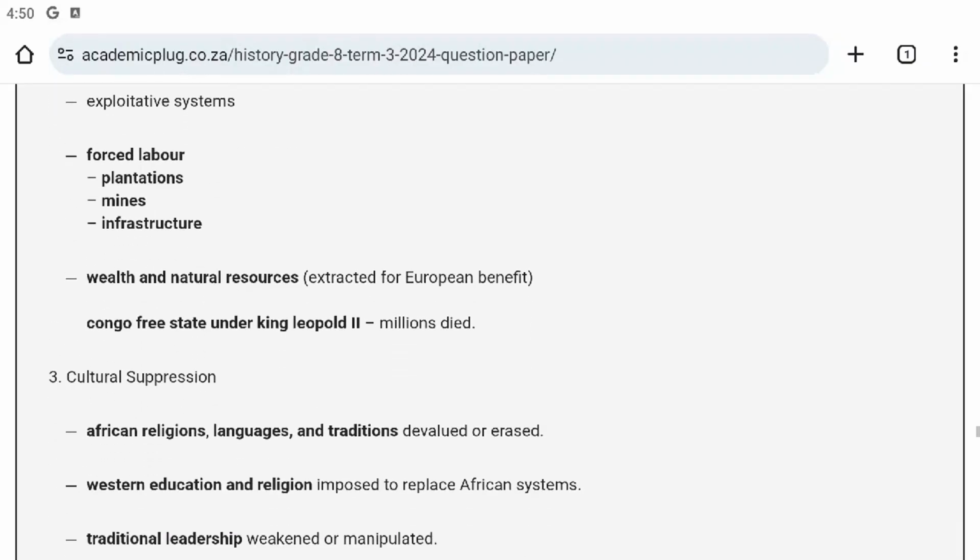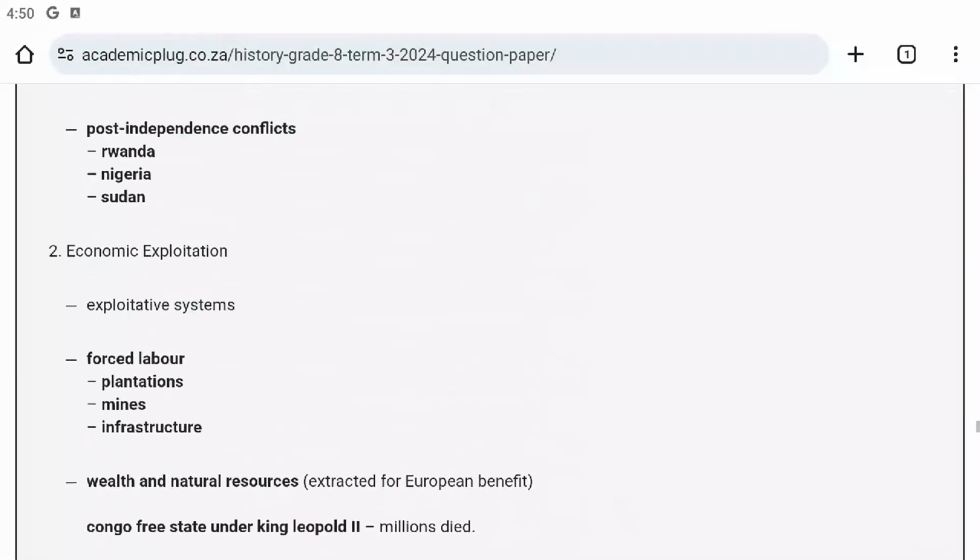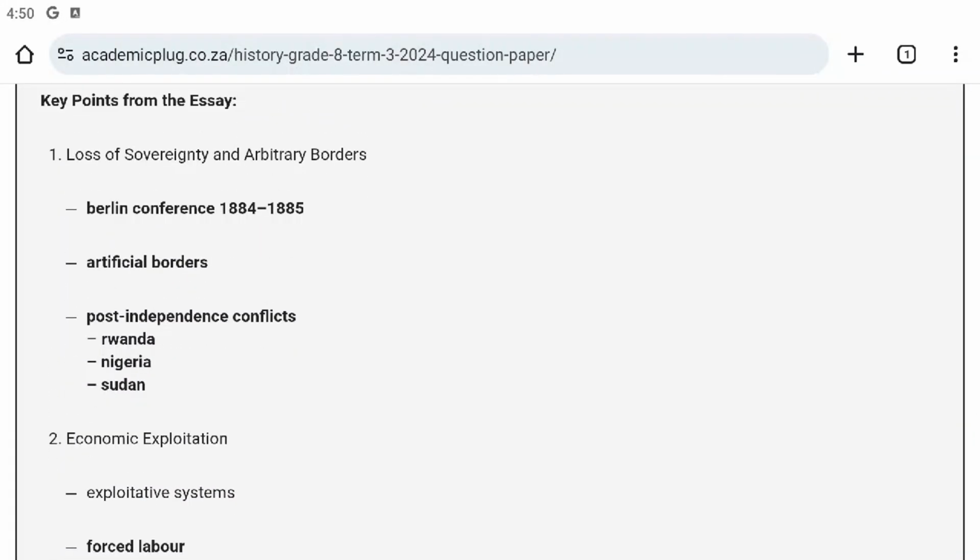I'm trying to show you using this first point, right? It talks about loss of sovereignty and arbitrary borders. The points here are highlighted, as in they will be bold text, right?